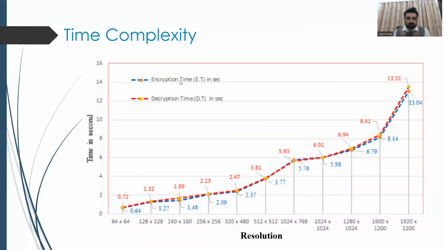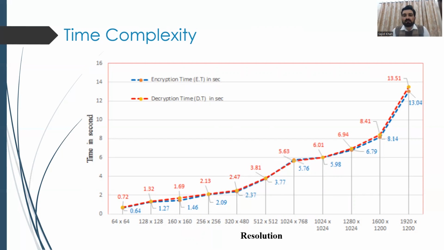At the same time, everyone knows that each algorithm has a different time complexity or running time. The lower the time complexity, the better the algorithm. This chart depicts resolution on the x-axis and time on the y-axis. For lower resolution multimedia data, the encryption time is very short.